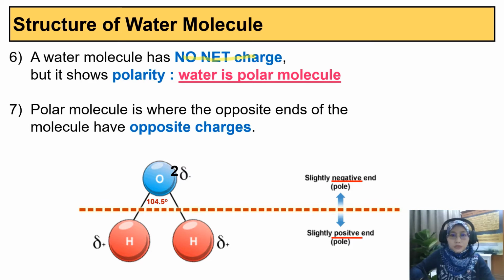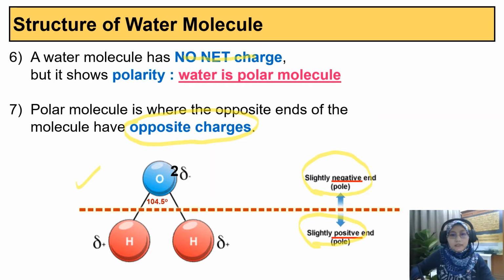A polar molecule is one where the opposite ends of the molecule have opposite charges. As you can see from this diagram, the oxygen atom is slightly negatively charged, whereas the hydrogen atoms are slightly positively charged.